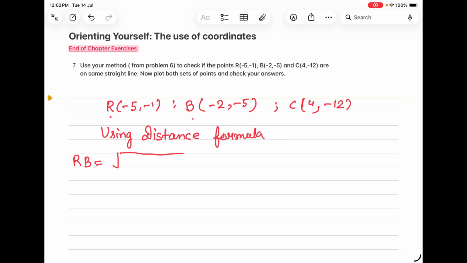Formula is x2 minus x1 whole square plus y2 minus y1 whole square. x2 is minus 2 minus x1 is minus 5, minus minus plus 5 whole square, plus y2 is minus 5 minus y1 is minus 1, minus minus plus 1. So solve this. Minus 2 plus 5, that is 3, 3 square 9, plus minus 5 plus 1, minus 4, minus 4 whole square 16. So that is 25. Square root of 25, 5 units.